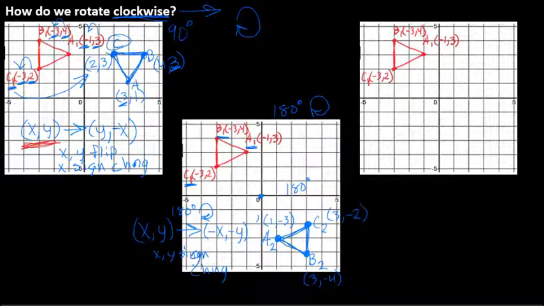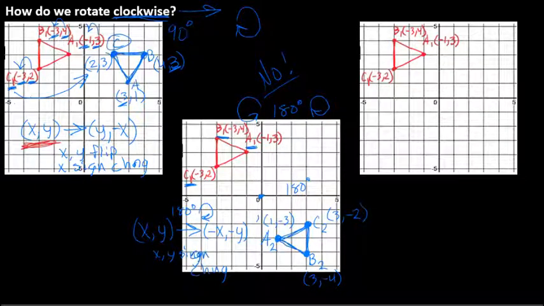Now, let me ask you this. Do you think it would matter what direction I went? If I went 180 degrees clockwise or 180 degrees counterclockwise? Do you think it matters? The answer is no. Okay?